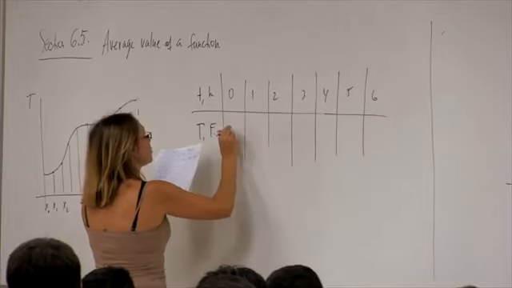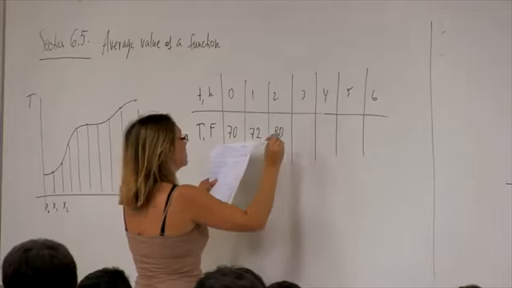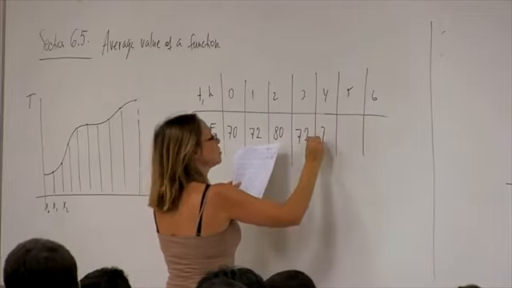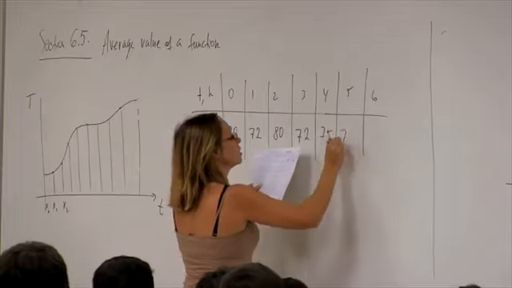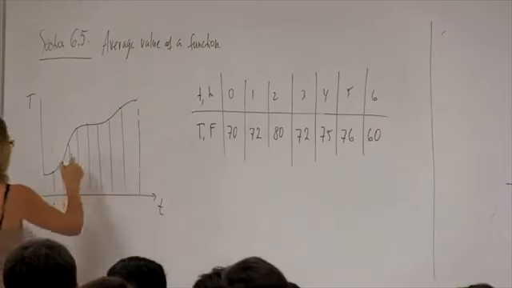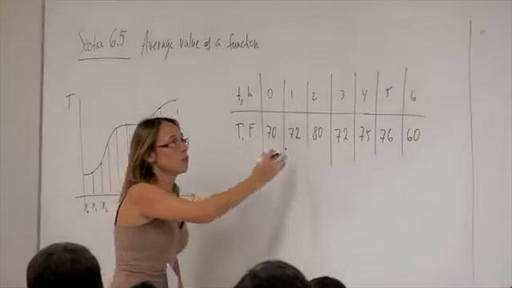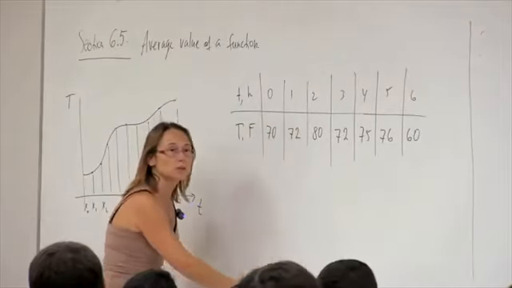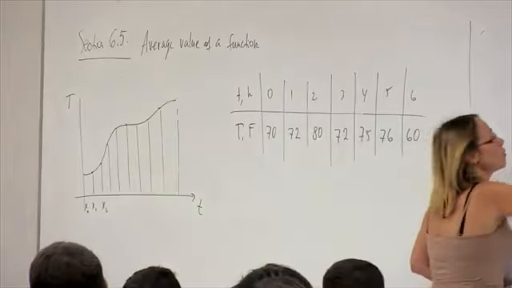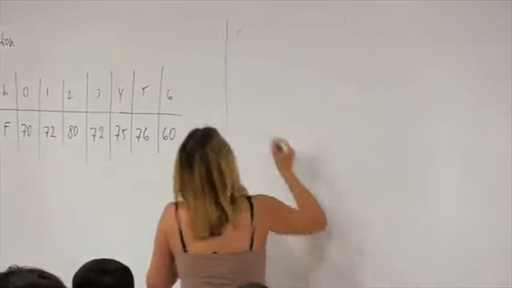So let's suppose that the temperature was 70, 72, 80, 72, 75, 76, and 60. Okay? So I split the 6 hours into 1 hour periods, recorded the temperature at the top of each hour, and now I can calculate the average temperature.